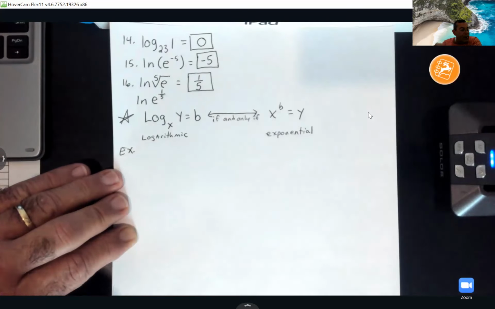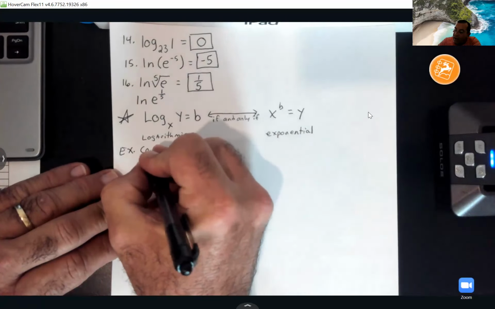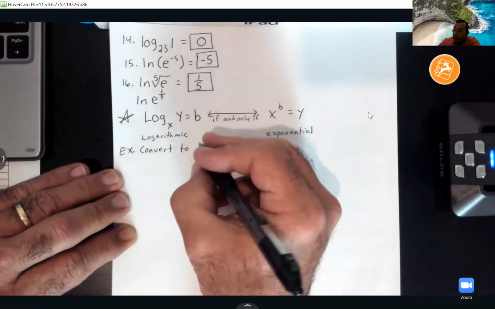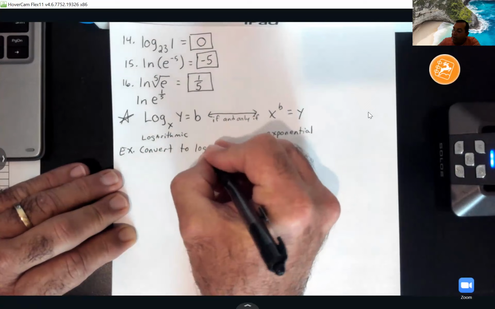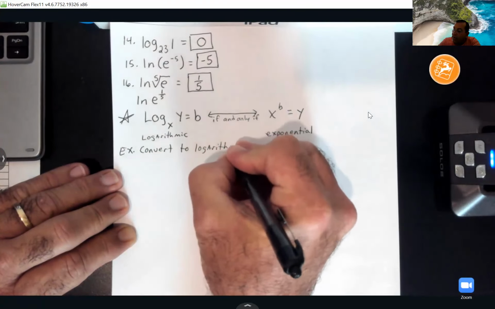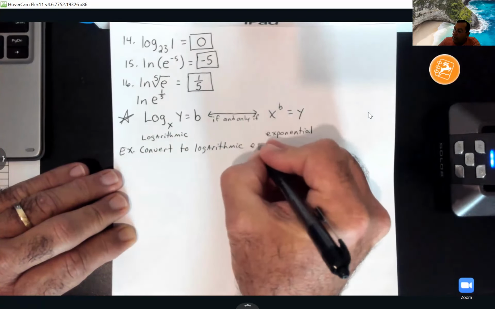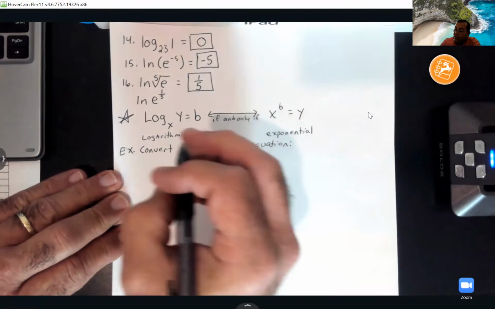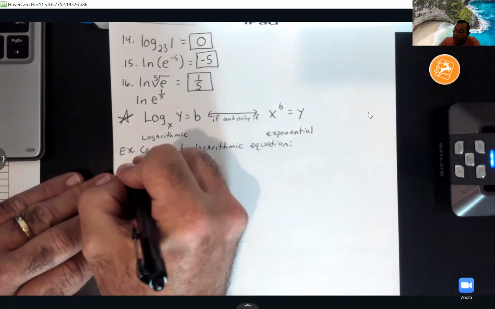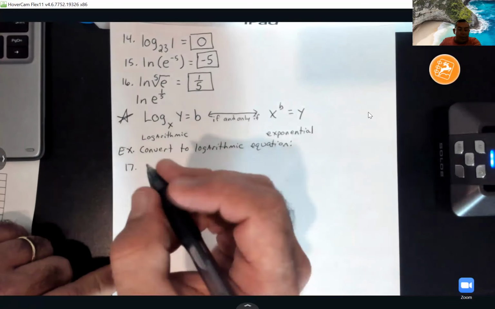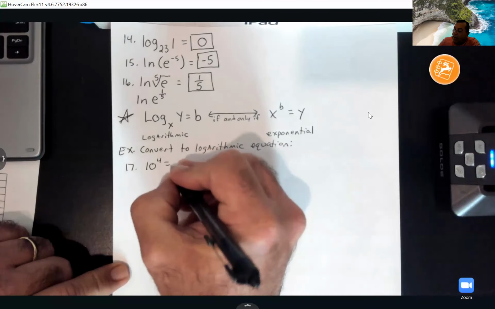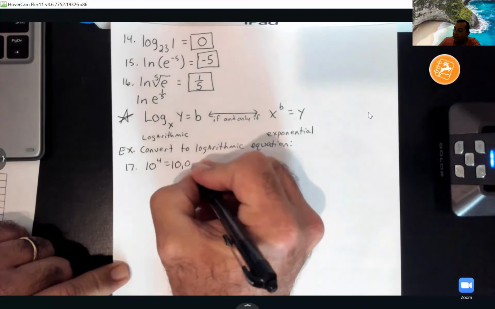So for these next few examples, they want me to convert to a logarithmic equation. All right, y'all. So 17, I got 10 to the fourth power equals 10,000.